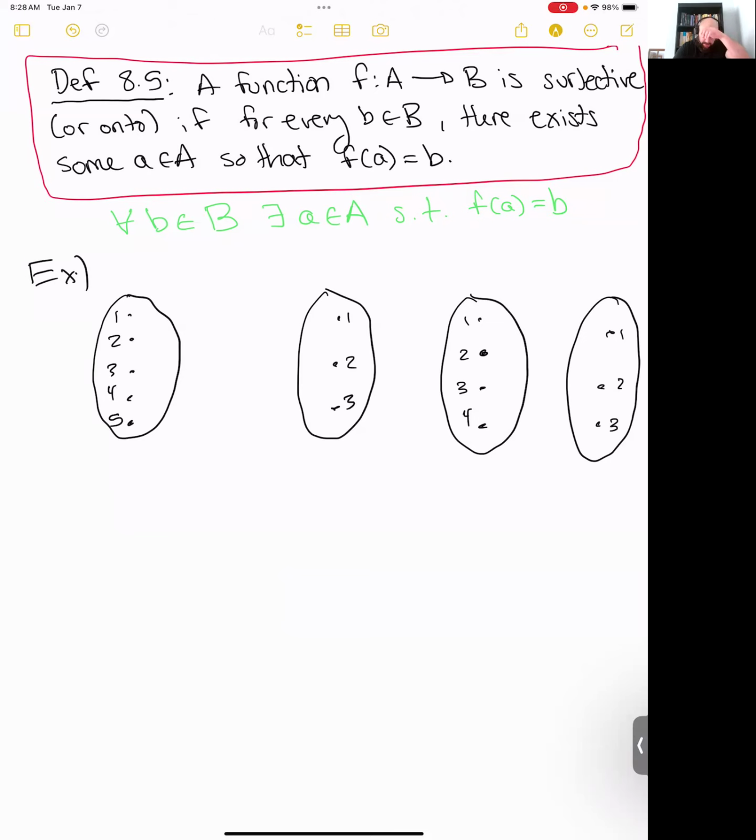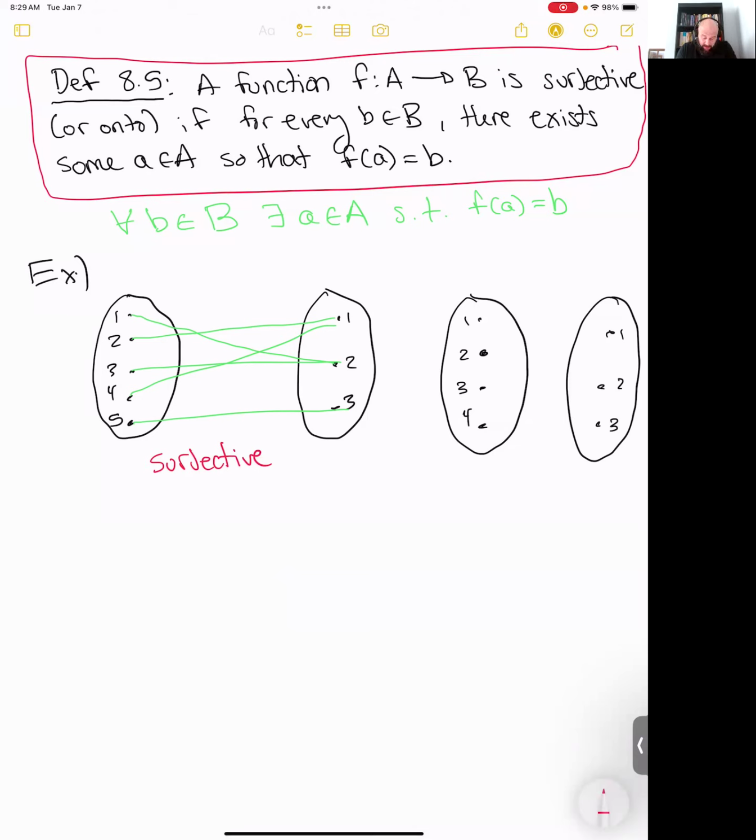So the first one will be a surjection. So we're going to send, there's a lot of different things I can do here. So this is surjective. And of course, it's surjective because everything in the codomain gets hit by something from the domain.